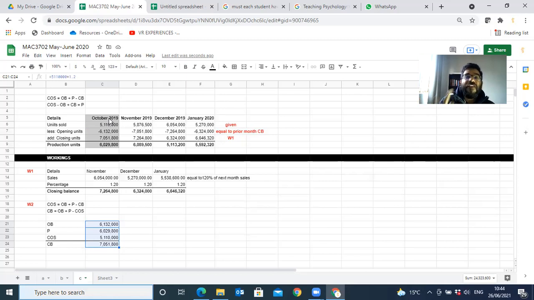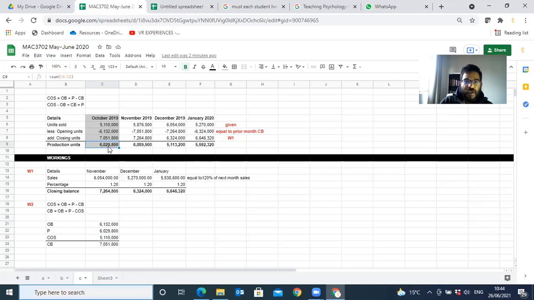So the fact that they gave it to me, what goes through my mind is that there's probably something different happening in October. That's generally what CTA would do. So although the rule is closing inventory is 120% of next month's sales, because of that rule, I don't expect them to give me any production units.